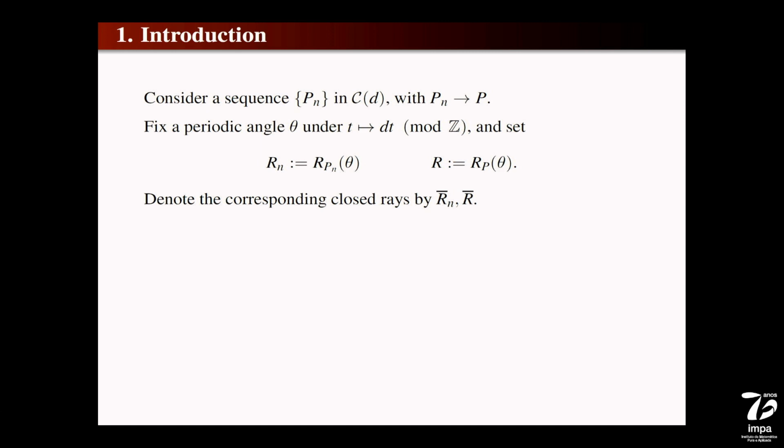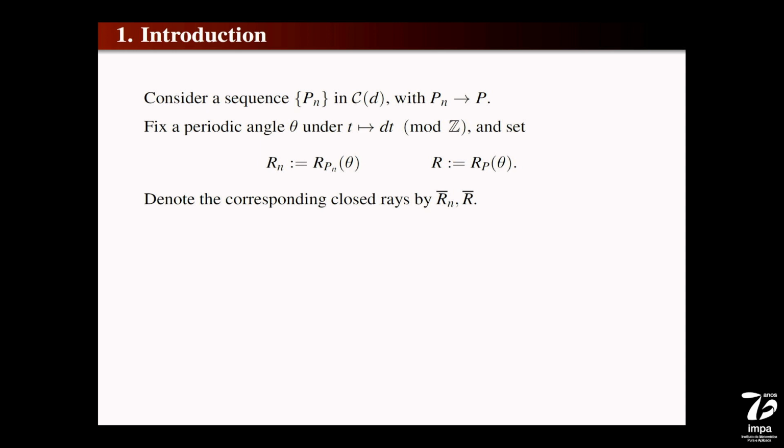The external ray at angle theta for the polynomial P_n, I'm going to simplify the notation to R_n. So R_n is the theta ray for the polynomial P_n, and R is the theta ray for the limiting polynomial P.